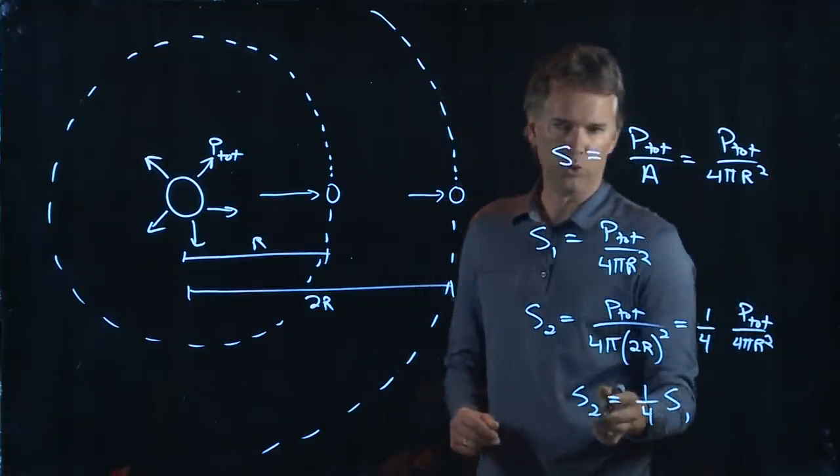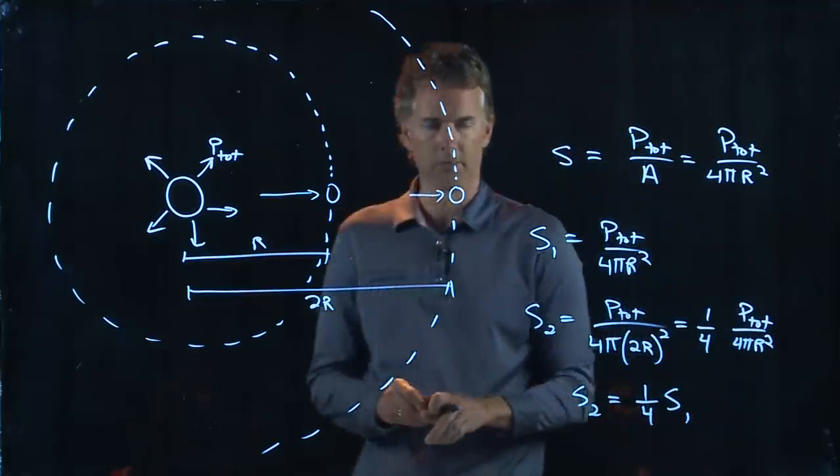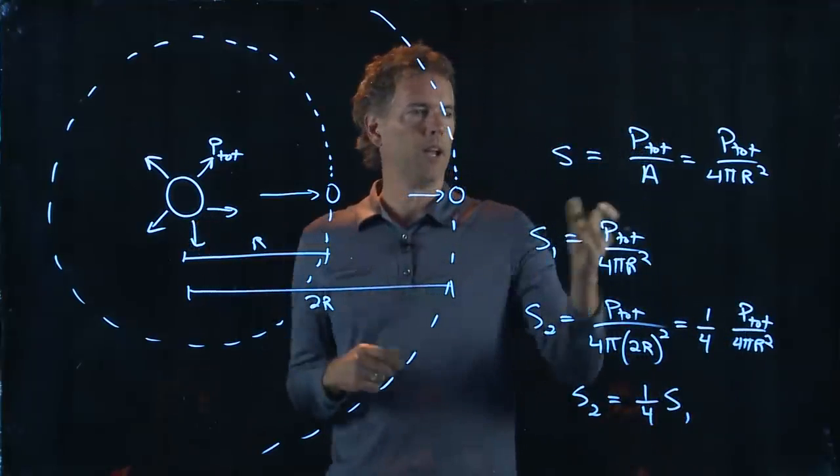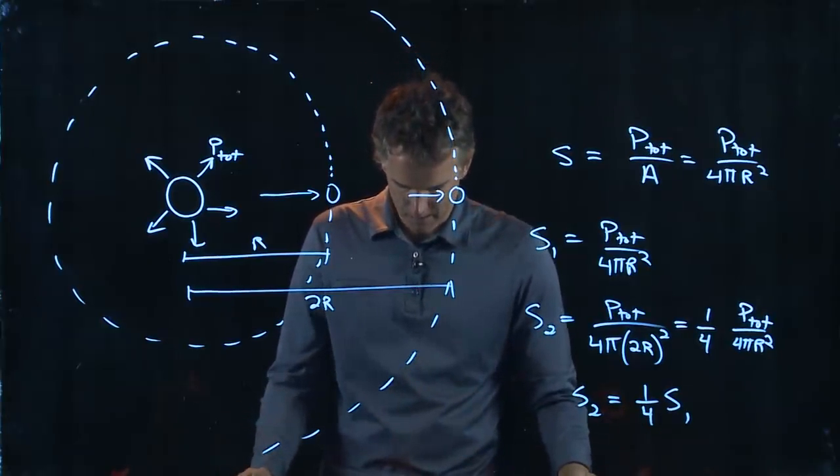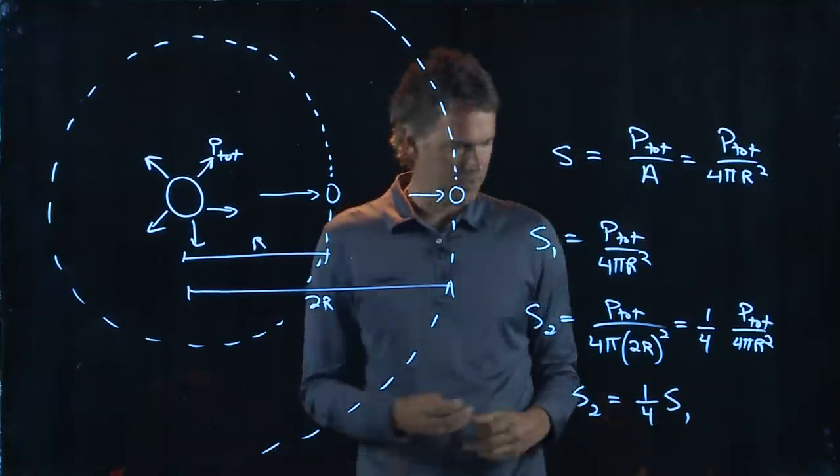So S2 is a quarter of S1. Double the distance, it goes down by a factor of 4. So let's try that one and click it in. And it says we're right.